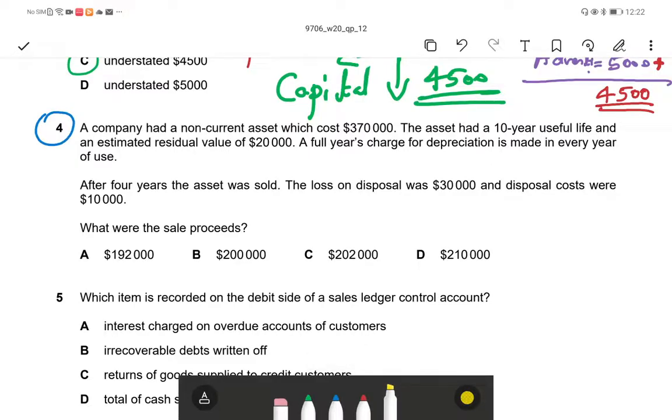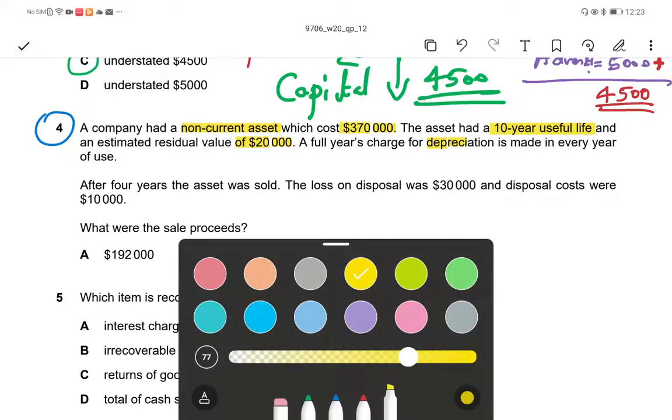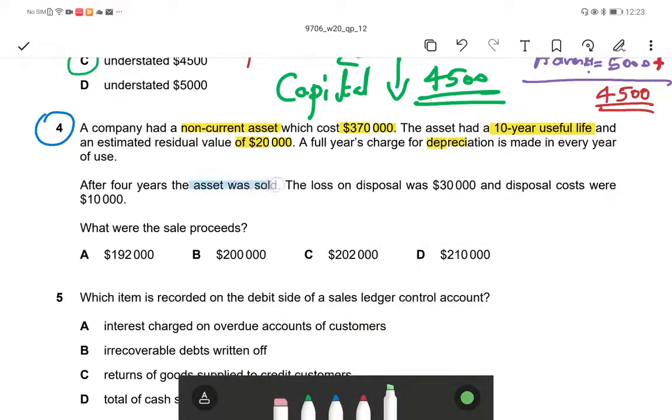A company had a non-current asset which cost 3,70,000. The asset had a 10-year useful life and an estimated residual value of 20,000. A full year's depreciation charge is made every year. After 4 years, the company sold the asset.